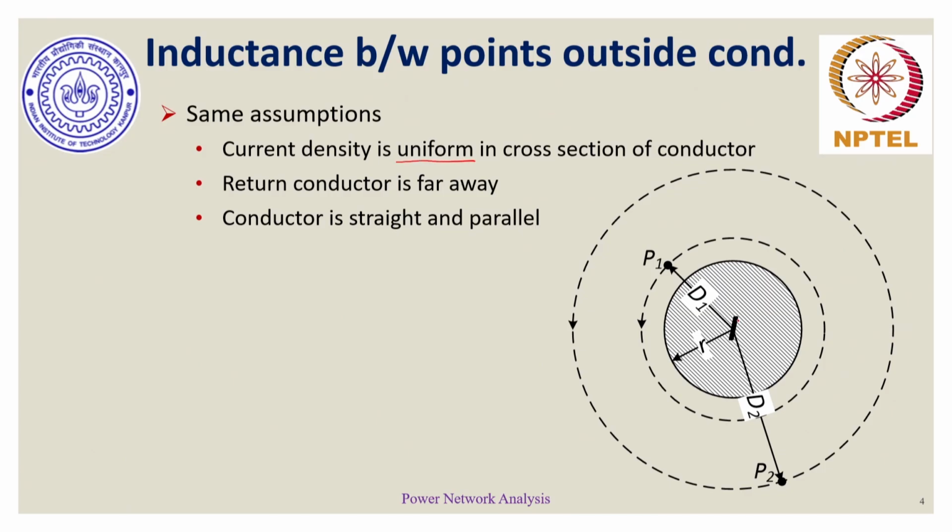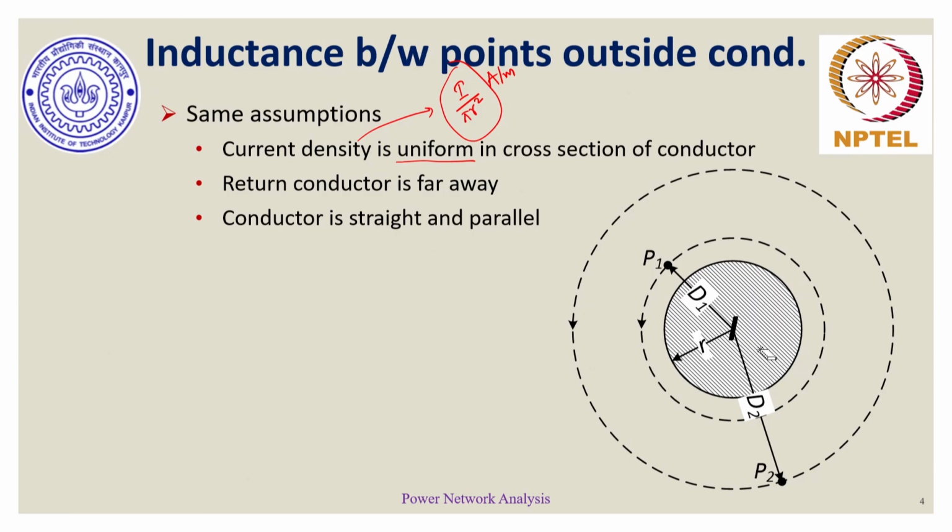So, if current is I and the conductor is circular with radius r, then its current density would be nothing but I divided by the cross-sectional area of the conductor. For a conductor of radius r, that area is pi r square. So, ampere per square meter is the unit of current density. This number, the current density, is uniform at every point inside the conductor. That is what the meaning of uniform current density is.